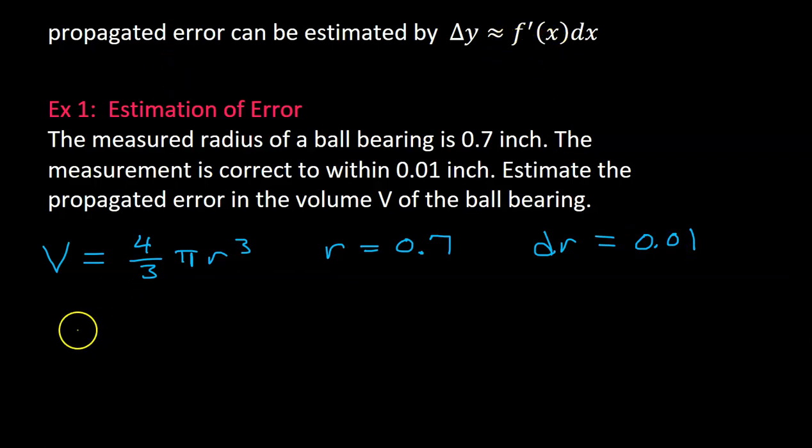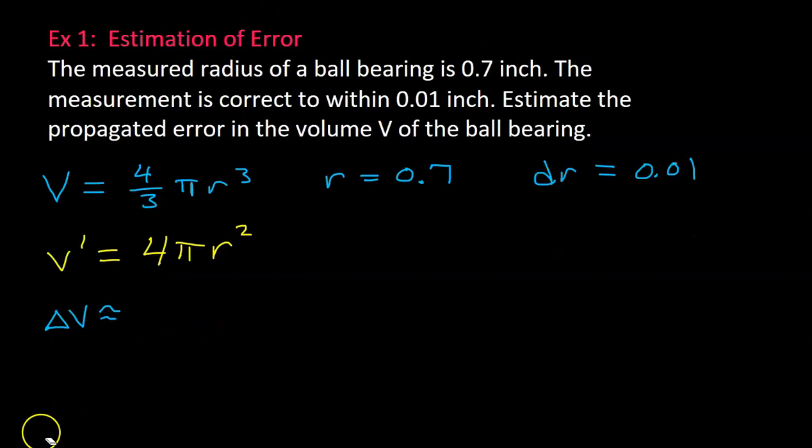So we're going to need v prime. Using the power rule, if we take this 3 and multiply it in the front, this 3 is going to end up canceling out the 3 in the denominator. So we're going to end up with 4 pi and then r squared as we reduce this by 1. So there's your derivative.